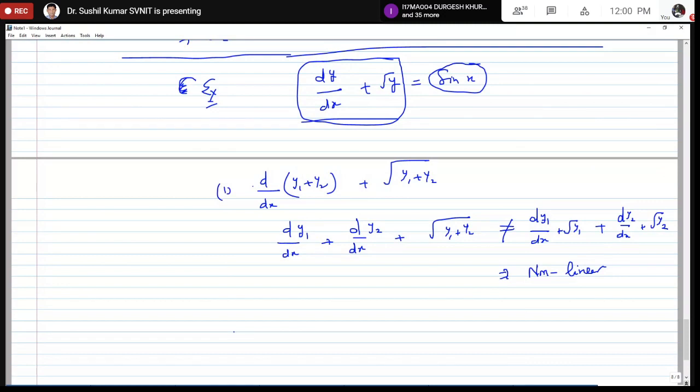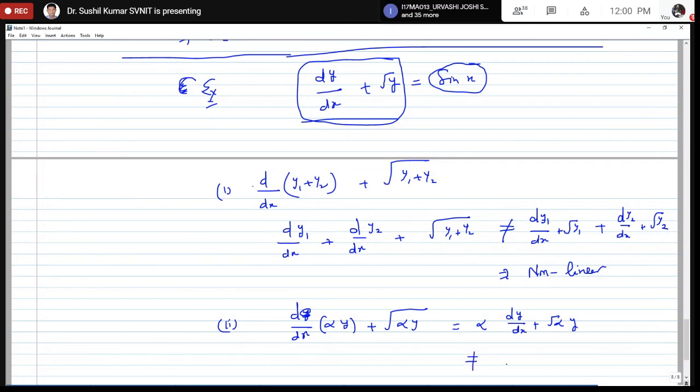You can check the second condition also. d over dx of alpha y plus root of alpha y. So this alpha into dy over dx is okay, but this will be root of alpha y.